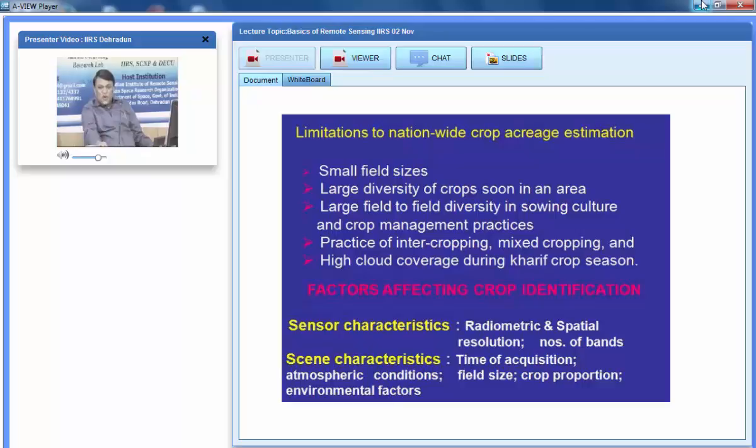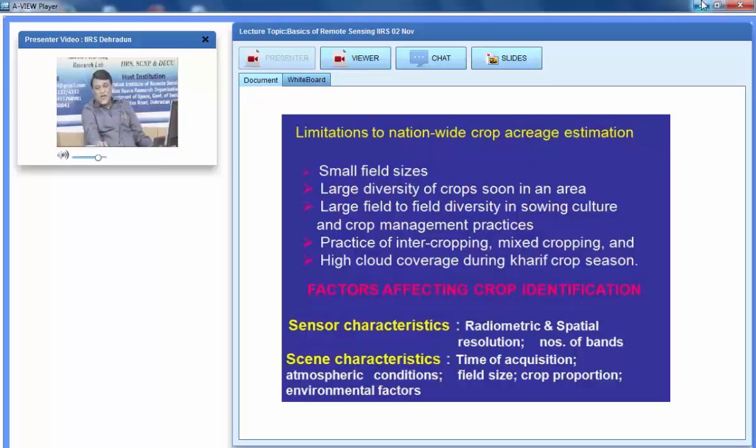Practice of intercropping and mixed cropping. There are certain crops which grow in a row arrangement, like intercrops. Certain crops are mixed, with seeds mixed and thrown on the field. This kind of intercropping situation, where two or more crops are grown in the row, is difficult to distinguish, because even the currently available spatial resolution of 1 meter cannot discriminate this intercropping.